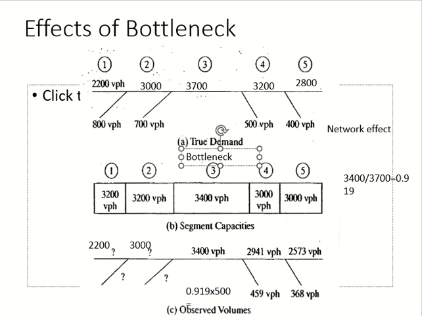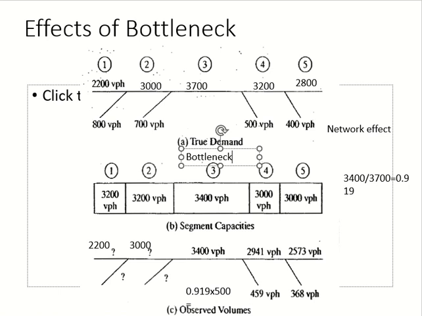Look at segment 1. Volume equals what? Demand. Segment 2, volume equals demand. Segment 3, volume equals capacity. Segment 4, volume equals demand? No. Capacity? No. More than that or less? Yes. Less. So up till now, in all the examples, either volume was equal to demand or volume was equal to capacity.